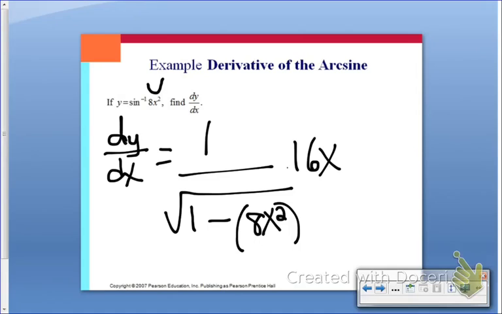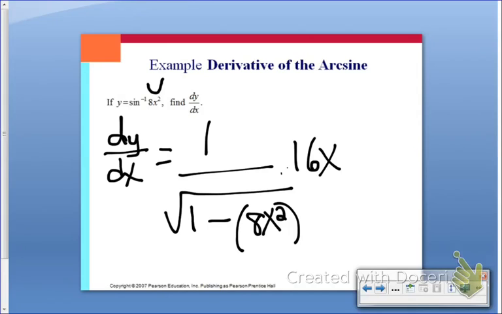Done. If you want, you can put the 16x in the numerator with the 1 on top, so it would read 16x over square root of 1 minus quantity 8x squared. That's it. Just remember, if it's not just an x, put in that value or quantity for x in the formula that you see on your memorization sheets, and then you multiply by its derivative.